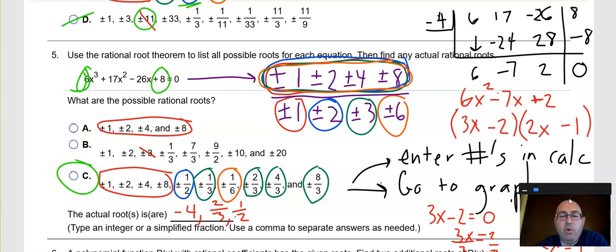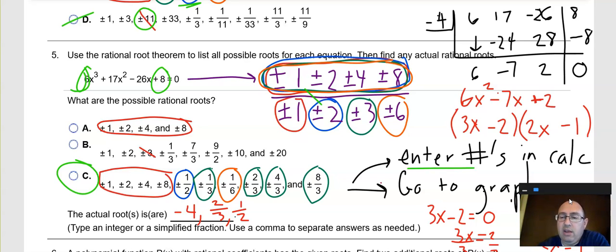You got the 1, 2, 4, 8, which got rid of B, but then we clearly see that 1/2 is a new one. That clearly identified C as the correct option. But you can see there's a whole lot of choices there, right? Who wants to plug all those things in and find out what zeros there are?